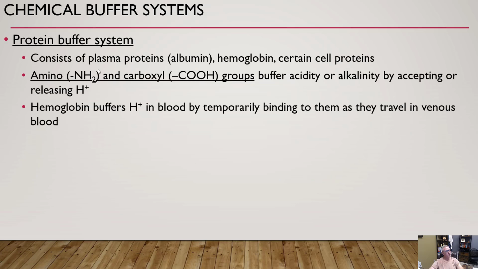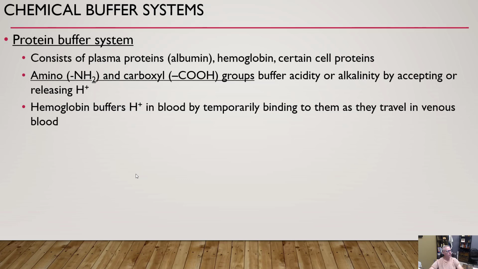All right, we also have a protein buffer system. When we're talking about plasma proteins like albumin or hemoglobin, certain cellular proteins, remember proteins get broken down into amino acids.